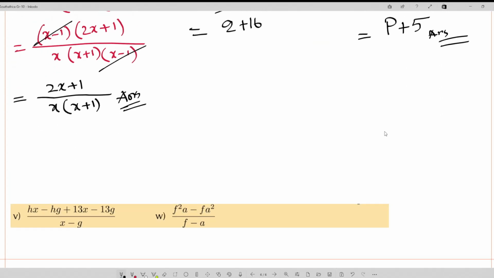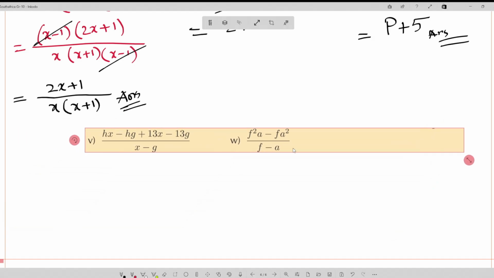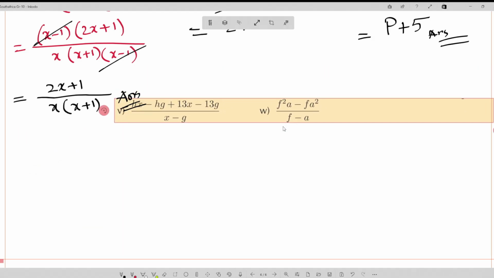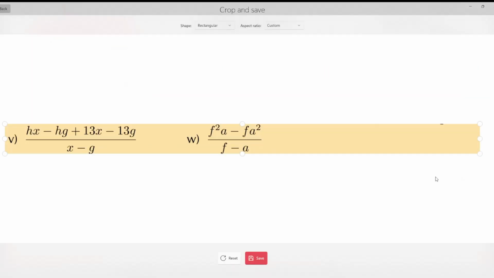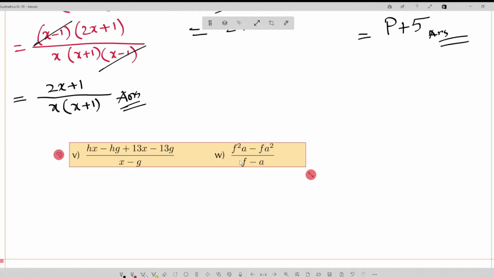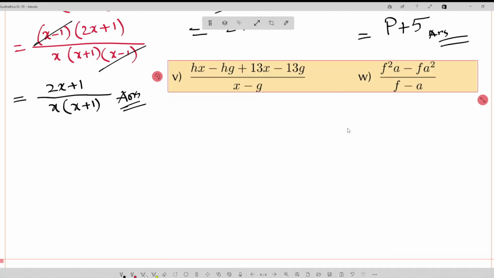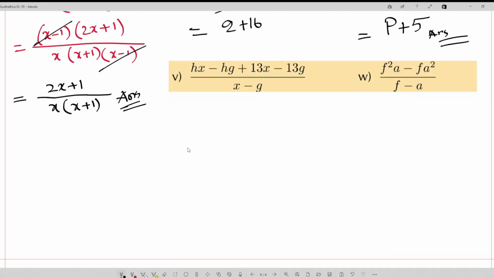And in this part we will do 2 more math. One is V, another one is W. So let's start. Now this one we can solve. Now look, hx minus hg plus 13x minus 13g.